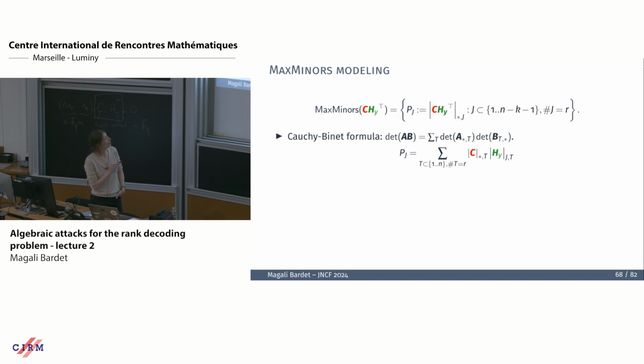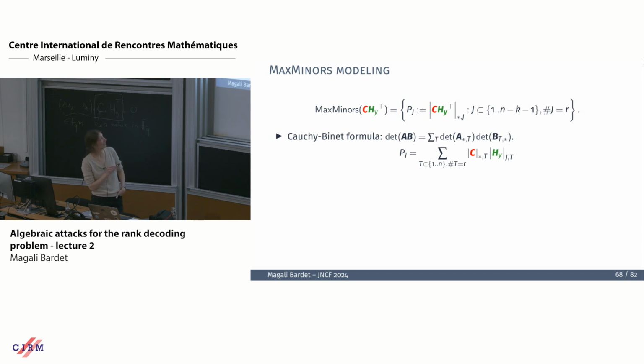But you can do it, it's almost the same. It's an expanded formula. The determinant of a product of matrices that are non-square is the sum of the product of the determinants of submatrices, sub-square matrices. If you do that, you expand your polynomial as a sum like that.